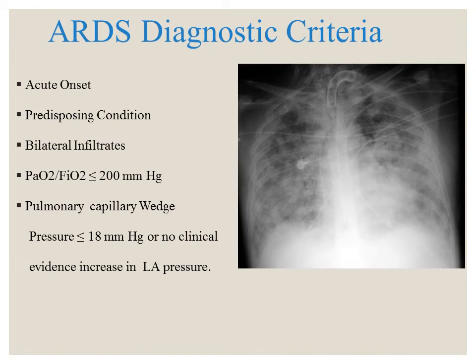The ARDS diagnostic criteria are acute onset secondary to a predisposing condition, with bilateral patchy lung infiltrates, a PaO2 to FiO2 ratio of less than 200 millimeters of mercury, and a pulmonary capillary wedge pressure of less than 18 millimeters of mercury.